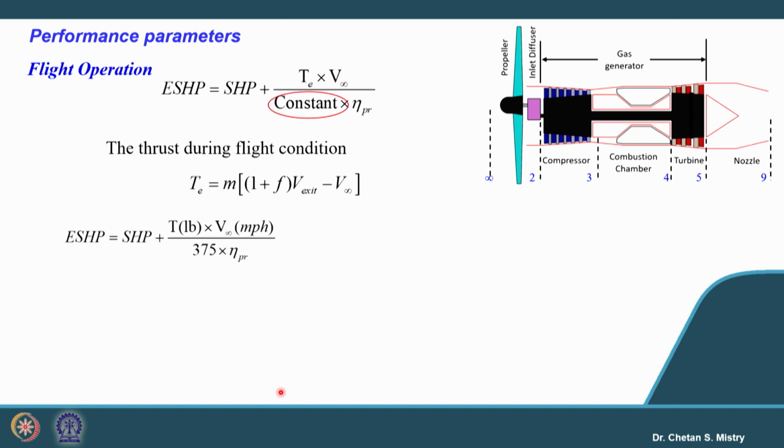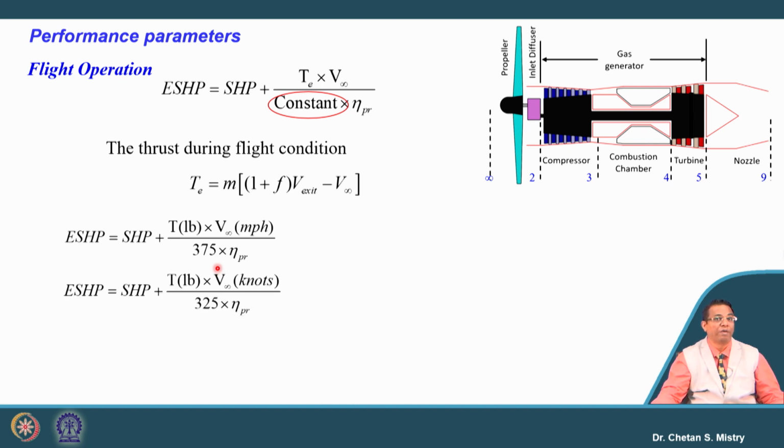Suppose I consider equivalent shaft horsepower in pound and miles per hour, then in the denominator the constant will be 375. If I am considering pound and knots, then the denominator constant will be 325. And if we have pound and foot per second, then we consider 550. So these are all the formulas to calculate equivalent shaft horsepower.